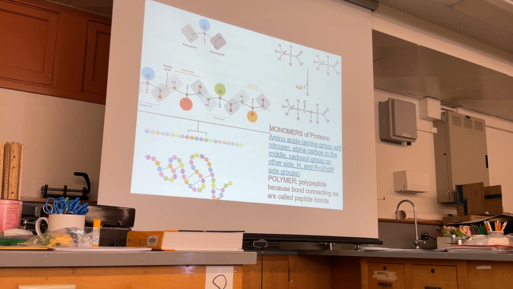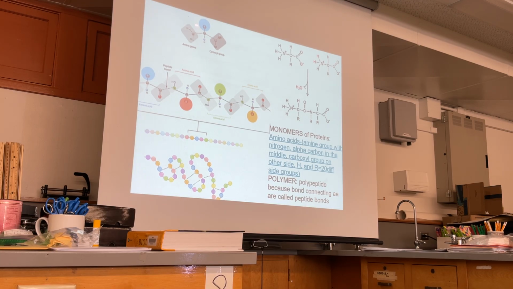Okay, our second category of macromolecules is, what are we looking at here? Proteins, which are made out of amino acid monomers. How did you know this was a protein? There's a carboxylic acid group on one side attached to an alpha carbon. On the other side, there's an amino group that has a nitrogen on it, right?